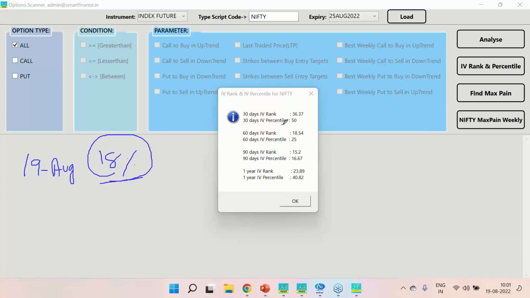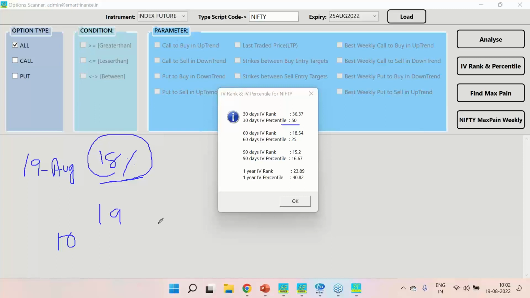This IV percentile says, today is 19th of August, so 19 days are gone, and this is 50%, which means out of these 19 days, 10 days we have been below this 18% of IV, and 10 days we have been above this 18% of IV.